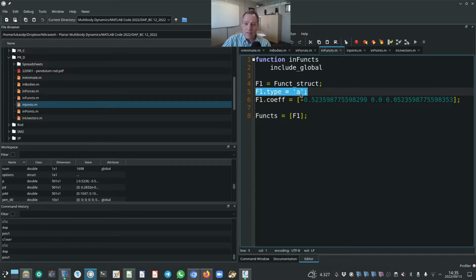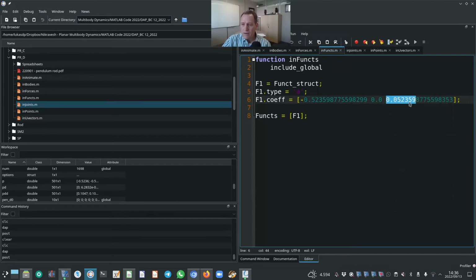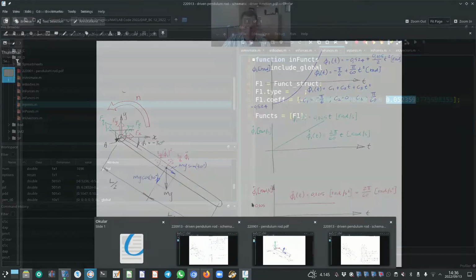For function type A, the only thing we need to specify, apart from the fact that it is function type A, are the 3 coefficients. This is the first coefficient, minus 0,5236. The second coefficient is 0,0 or 0, and the last coefficient is 0,05236.